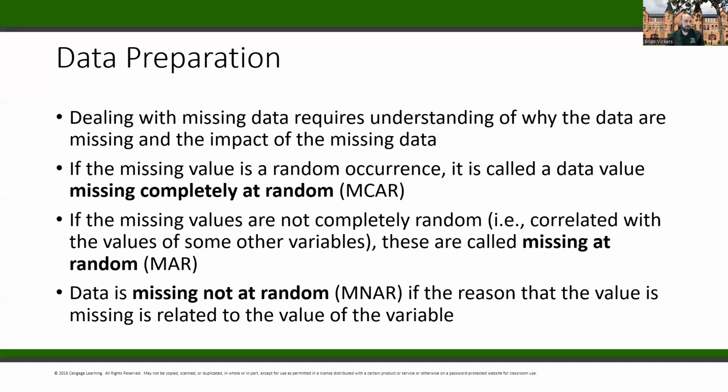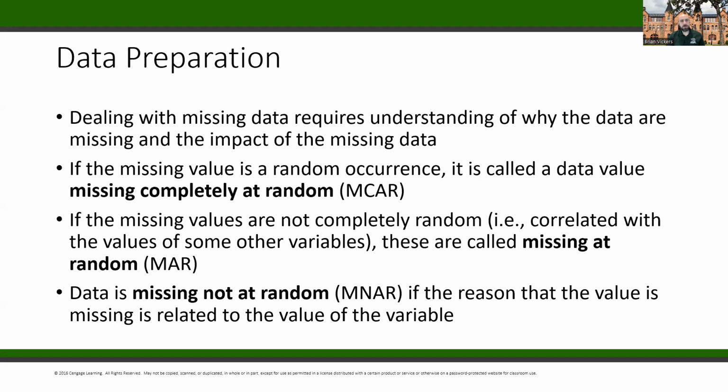And then missing not at random. The reason the value is missing is related to the value of the variable. I've got to get a good example of that. I usually am better at examples. Let me grab an example from the book real quick. Okay, so missing not at random.